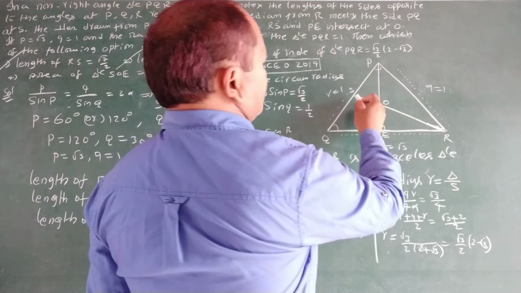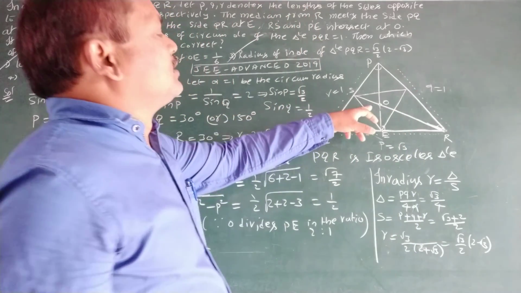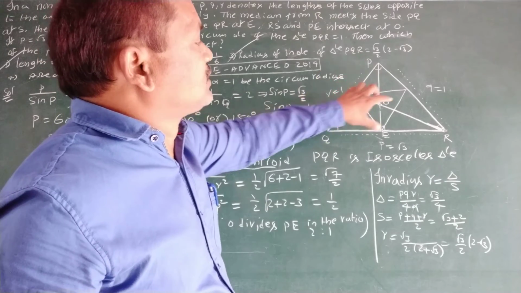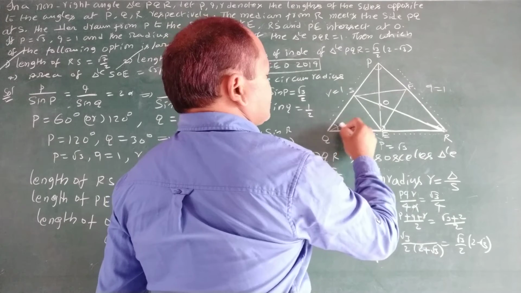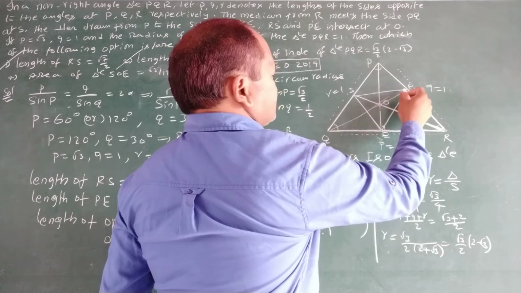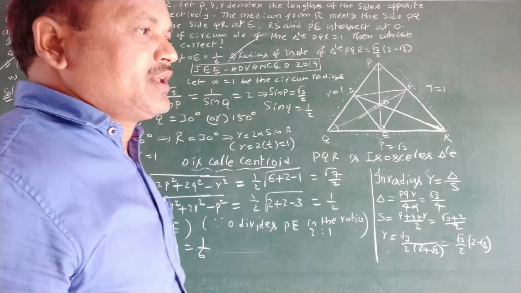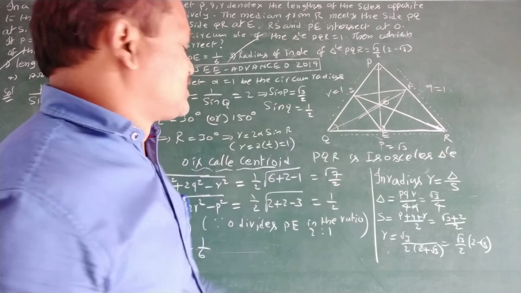Suppose we take the other median with foot F. Then this part, triangle SOE, is 1/3 of SEF.